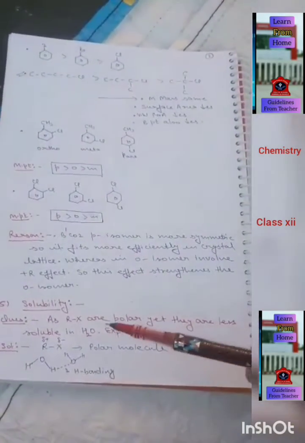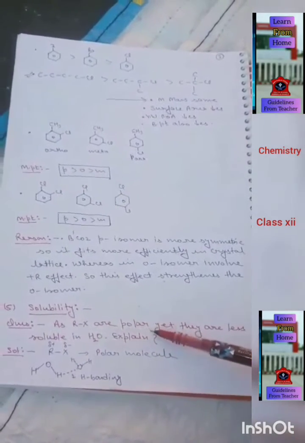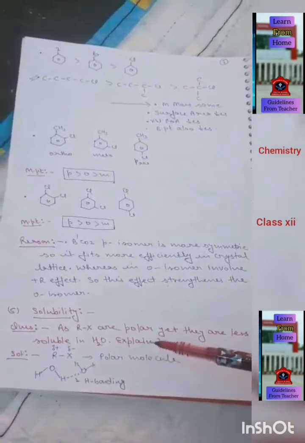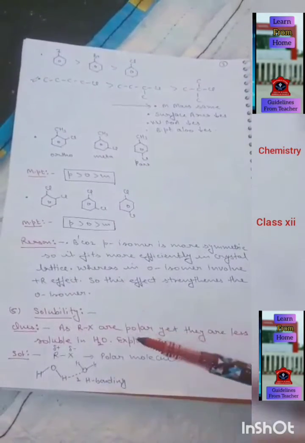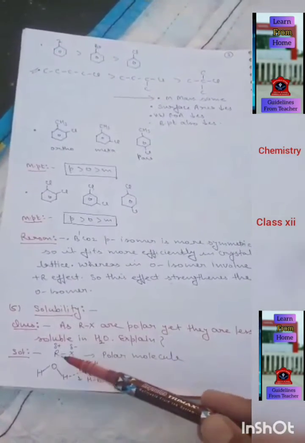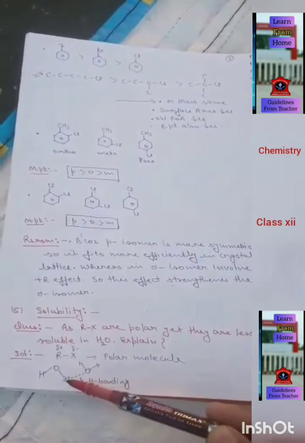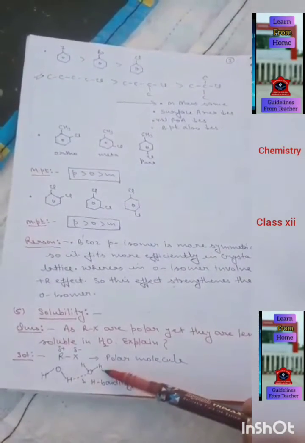Next, solubility. Here is an NCERT question. Alkyl halides are polar in nature, but they have less solubility in water. Why? Because an alkyl halide is a polar molecule and water is also a polar molecule which contains H bonding.